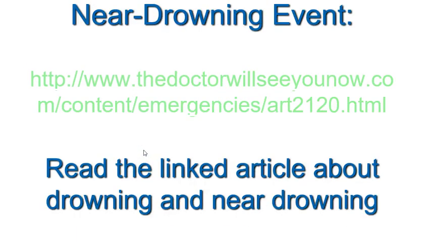And the last one we're going to talk about is a near drowning event, and here's a link to an article for that. You come upon a patient who appears to have drowned or is in a near drowning situation. We need to get them obviously out of the water. We want to maintain our C-spine stabilization as we get them out of the water so that we don't cause any damage if they do have a C-spine fracture, for example.